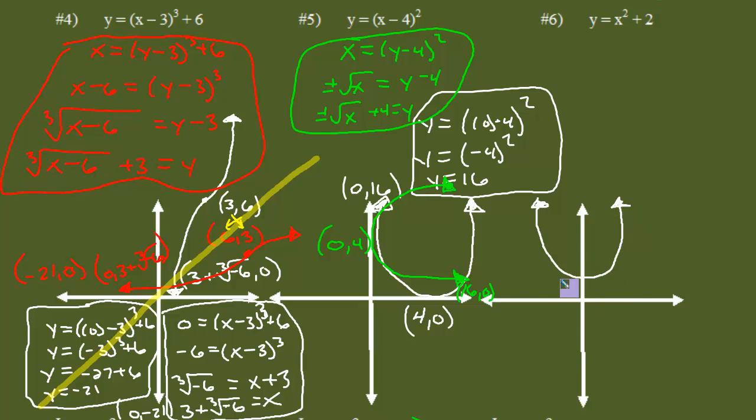Vertex is at 0, 2. No x-intercept, so it does not cross the x-axis. So I don't have to show any work for the x-intercepts. The inverse of this function, interchange x and y, and I get y by itself. So it's this white graph reflected over the line of symmetry.